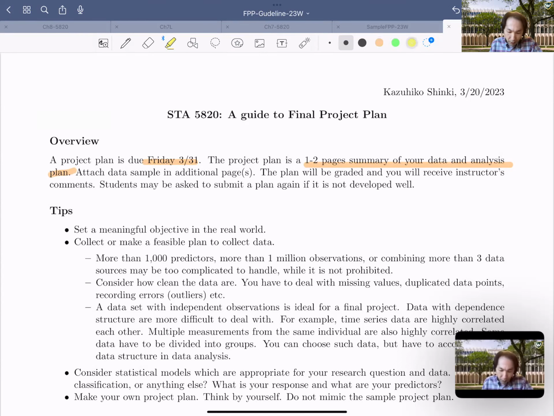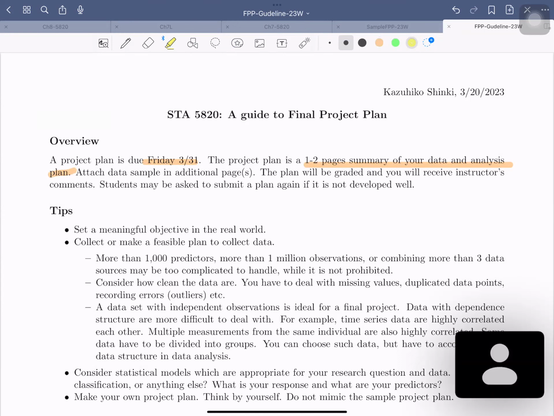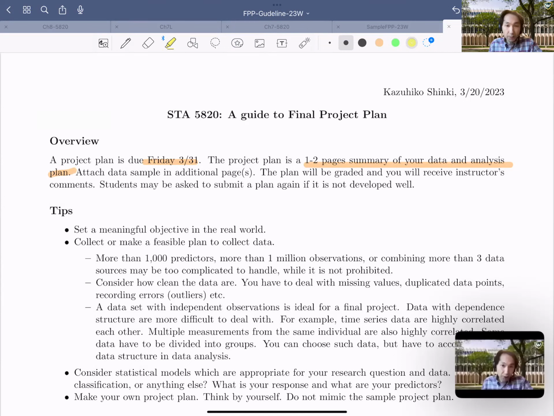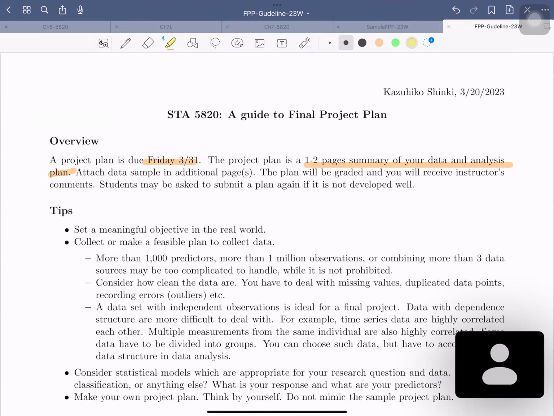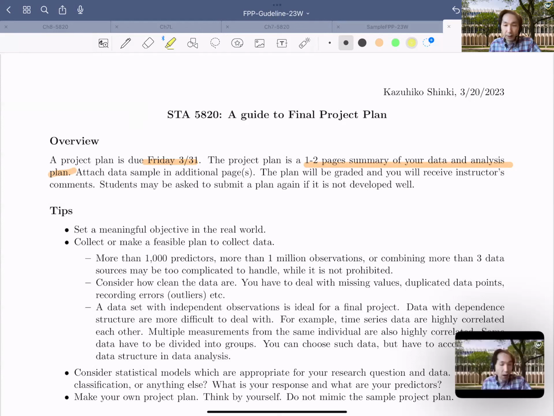And how early would you want the project plan in case of review? You can just submit by March 31st, and then I start grading. You can, of course, talk to me in office hours to discuss your final project. But usually I don't review before this submission date.